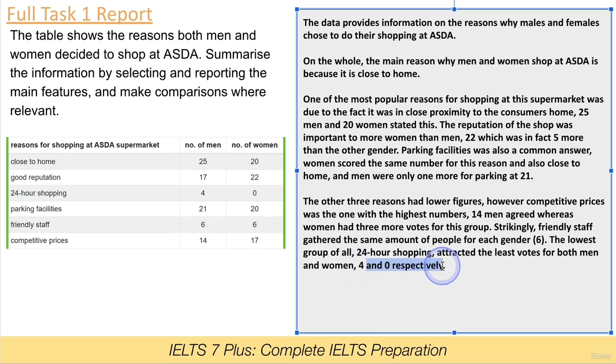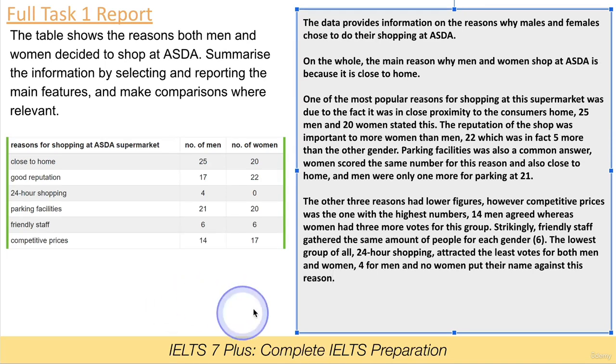Or we could say 4 for men and no women put their name against this reason.